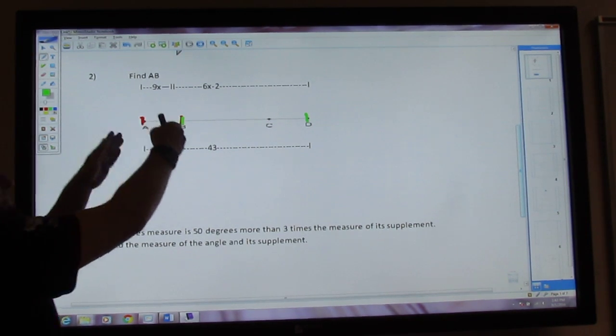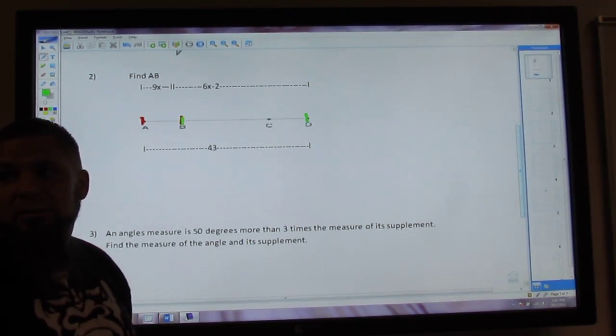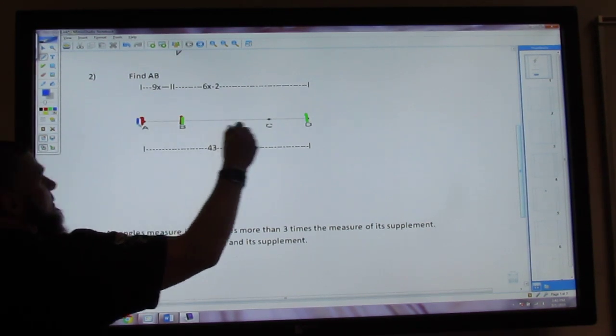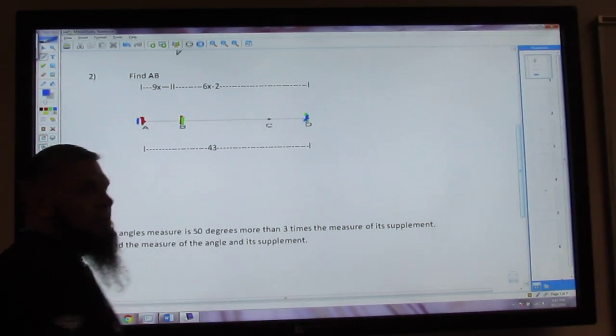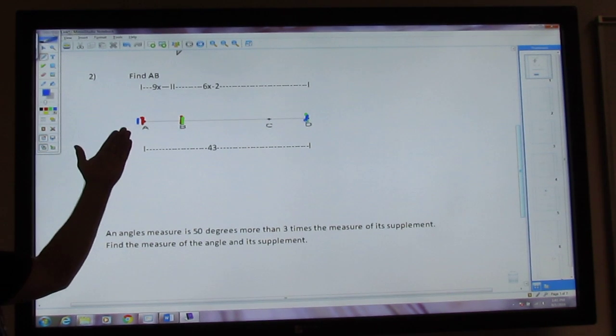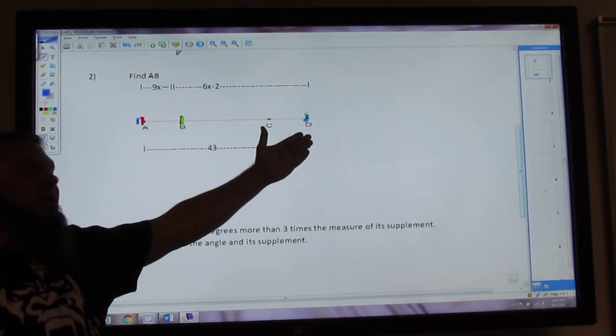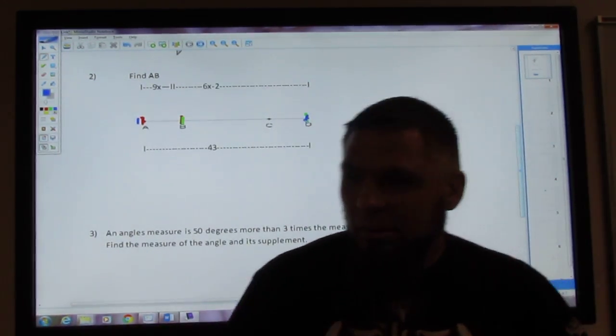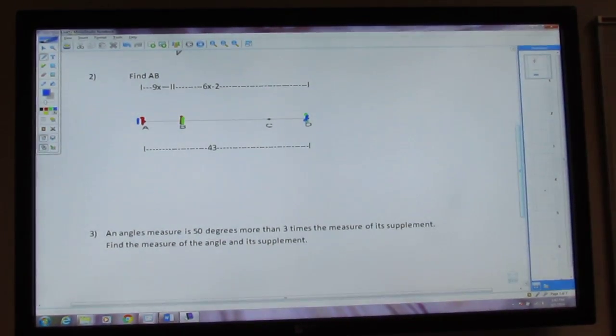So the red segment plus the green segment equals the blue segment. In other words, AB plus BD is AD. Does that make sense? Let me show you.